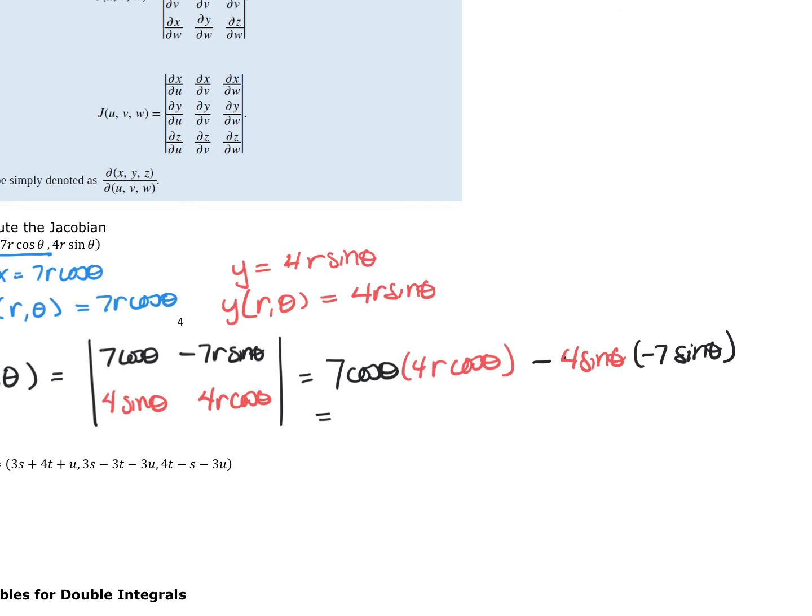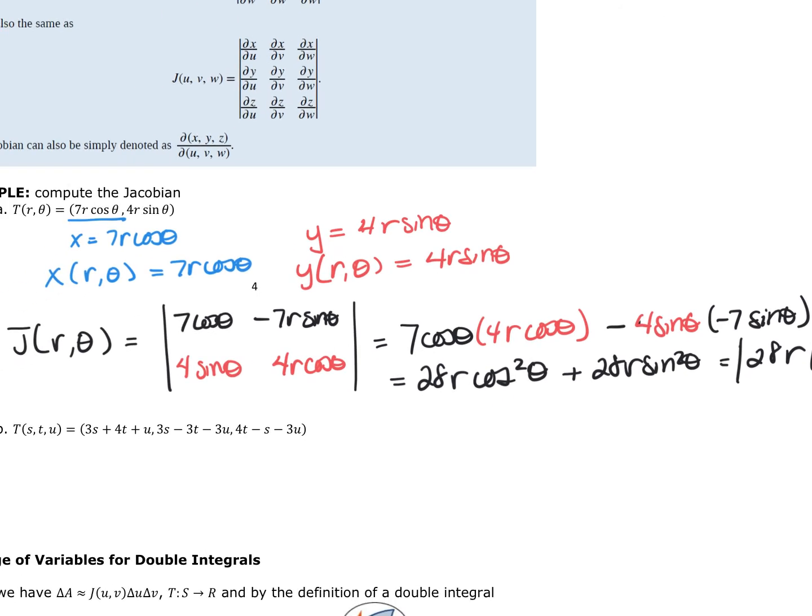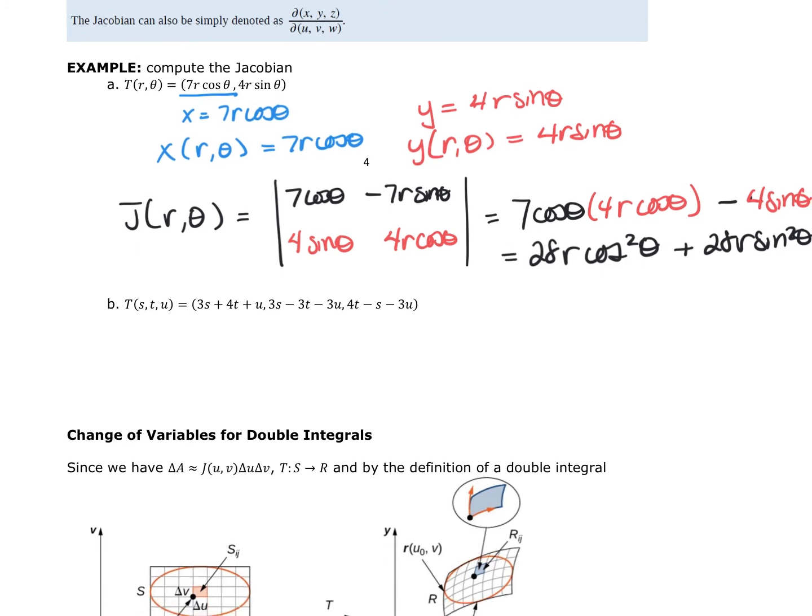So what we end up with when we get totally done is 28r cosine squared theta plus 28r sine squared theta. And since we know that sine squared plus cosine squared is 1 all day long, my final answer is 28r. And we typically will find the absolute value of it. R, of course, is not going to be negative for us, so we don't have to worry about the absolute value, but we really should do that.